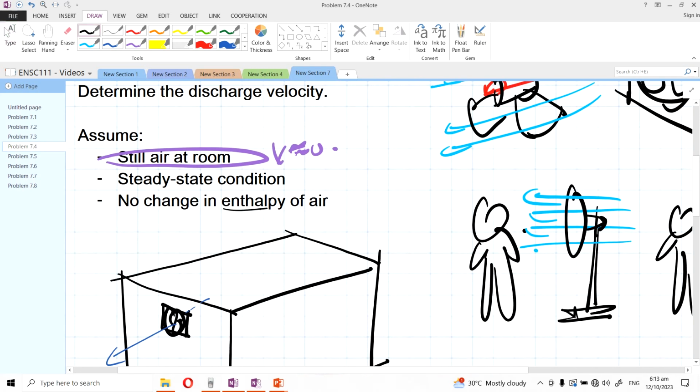So recall that enthalpy is U plus PV, right? No change in enthalpy. No, I think there should be no change in internal energy. So it's not the enthalpy of the air, it's actually the internal energy.